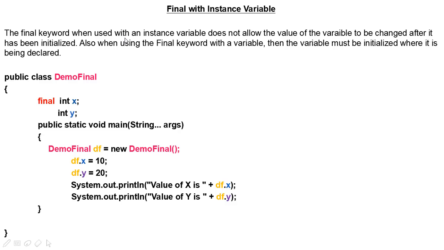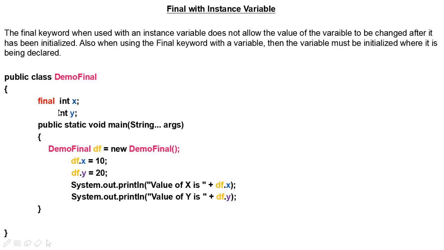So the usage of the final keyword with a static variable or an instance variable is more or less the same. The only difference is the way we access the variable. As you saw with the static variable, within the main method, because the main method is static, we can directly access that variable with the variable name. But now here we have x and y as two instance variables.